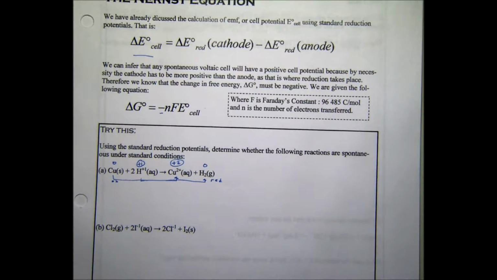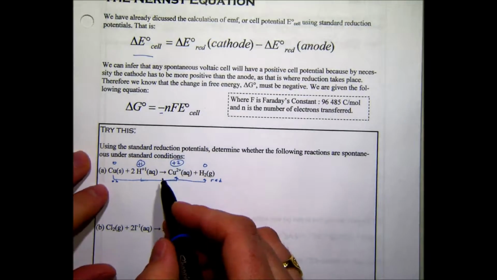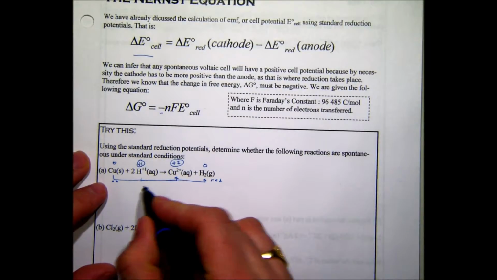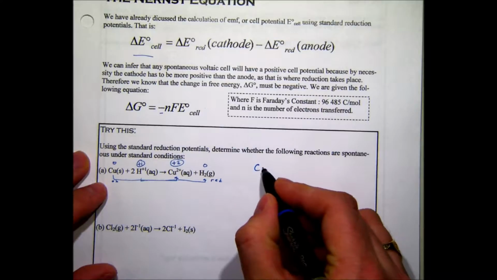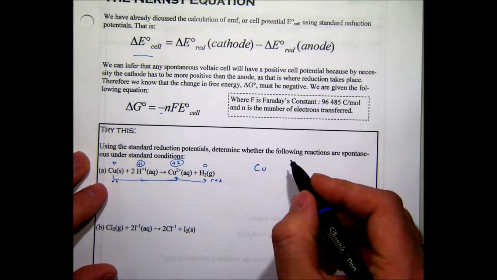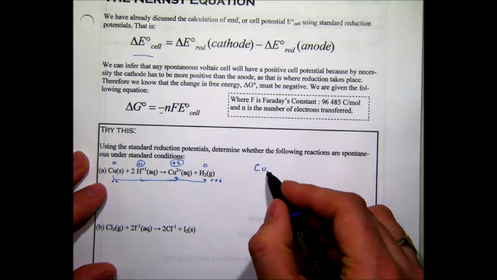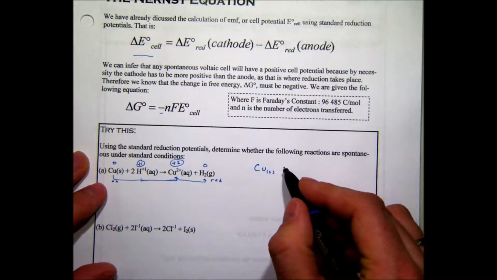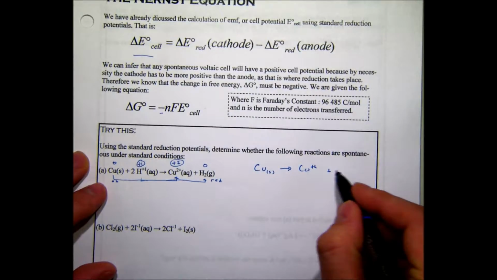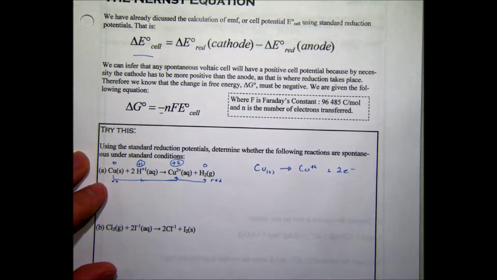Now we write out the half reactions that would give us that. Copper 0 goes to copper +2 plus 2 electrons.